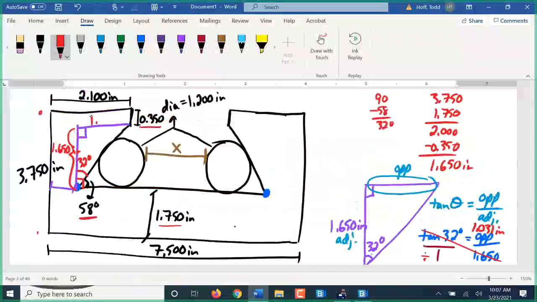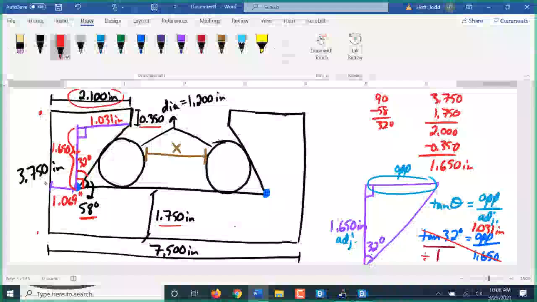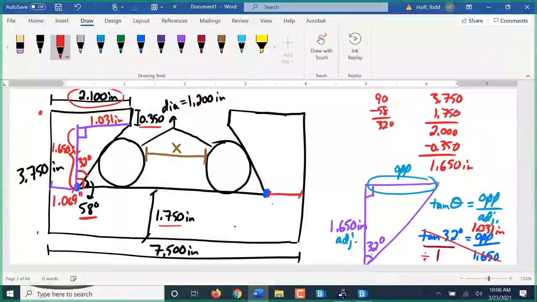This is 1.031 inches, which means if we subtract that from the 2.100 inches, that makes this dimension down here 1.069 inches. So that's 1.069 inches. This is 1.069 inches.